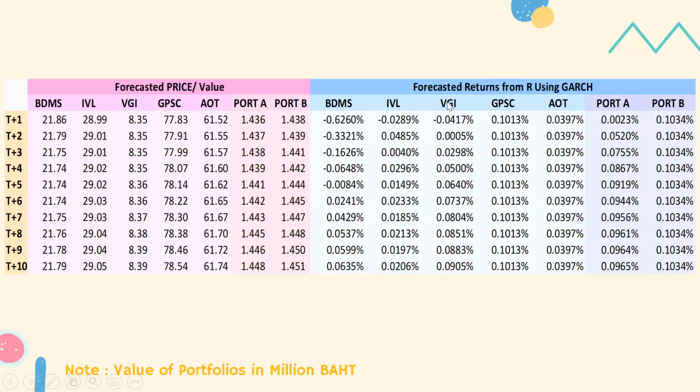And for IVL and VGI, they have negative return in the first period, and after that they have positive return. And for GPSC and AOT, they have a constant positive return in the next 10 days.